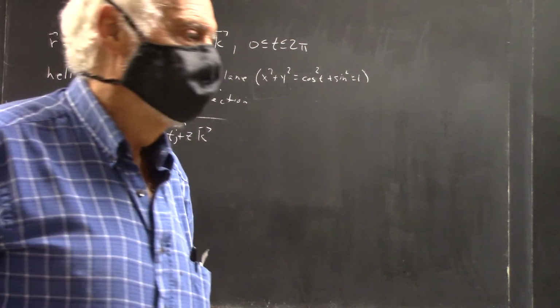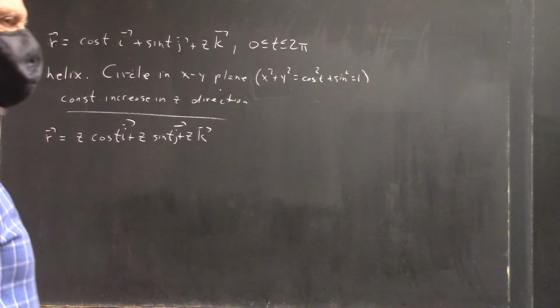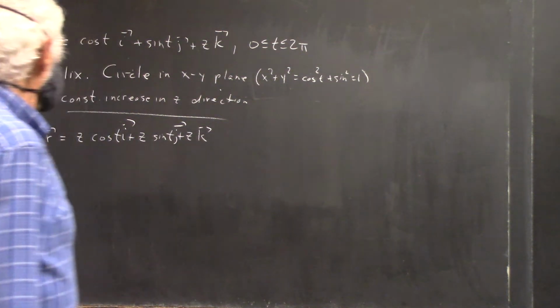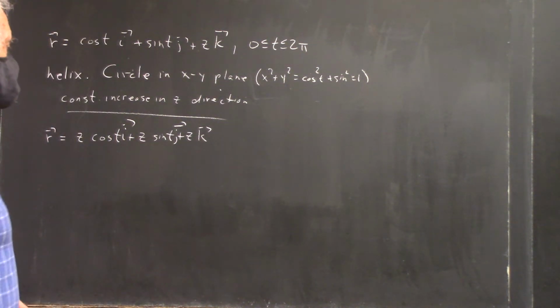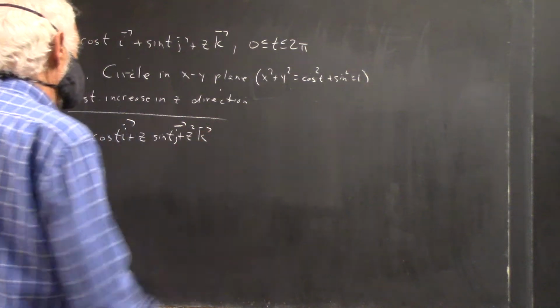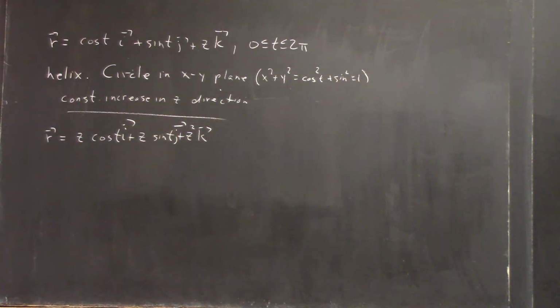You can just gesture. And let's make that z squared, okay? So I tend to do abstract myself by not writing the i's and j's.